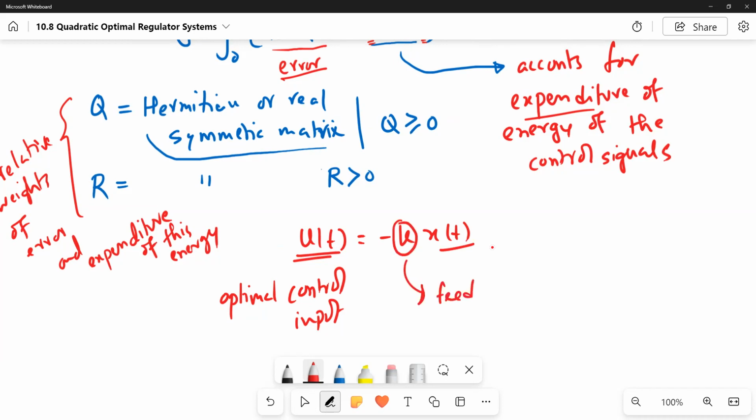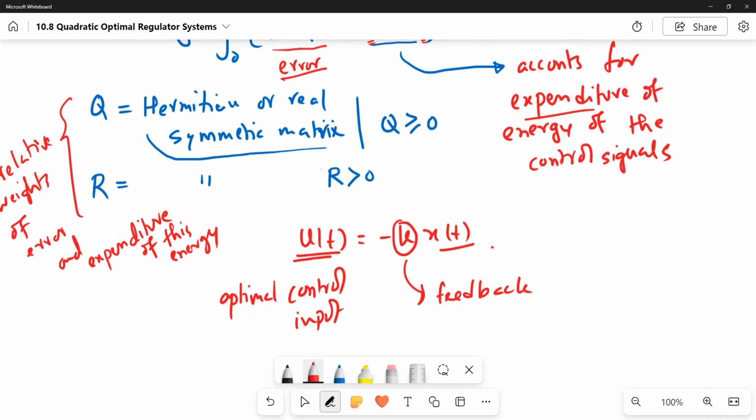We already did this in pole placement, but there we just assumed a desired location and figured out the gain.